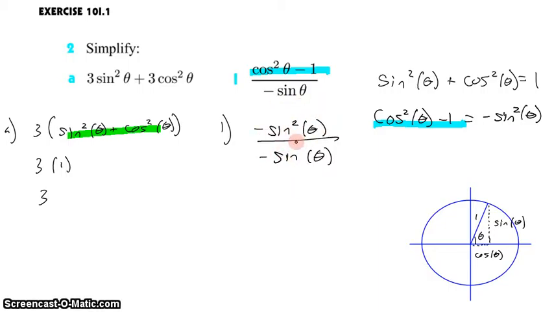The issue is that I have 2 sines of theta on the top: sine of theta times sine of theta. That's what sine of theta squared means. So I can only cancel one of the 2. The negative signs cancel as well, and this leaves me with just sine of theta.